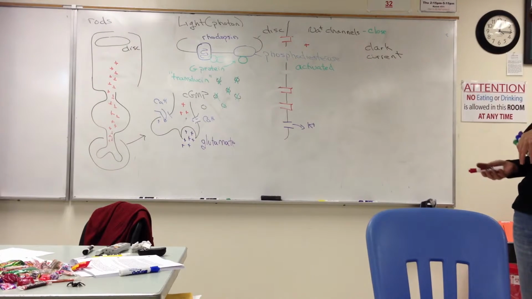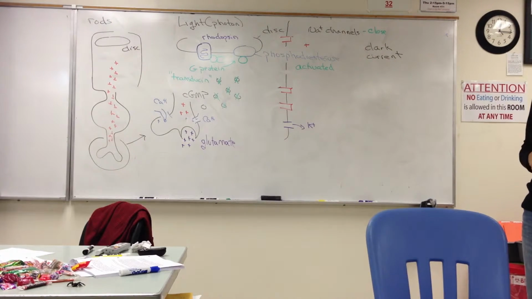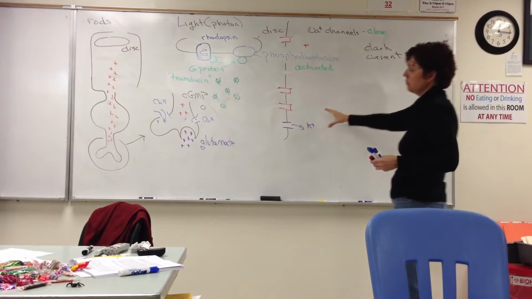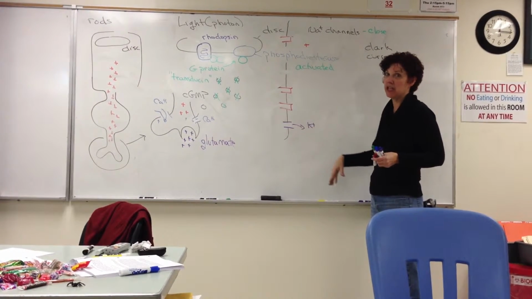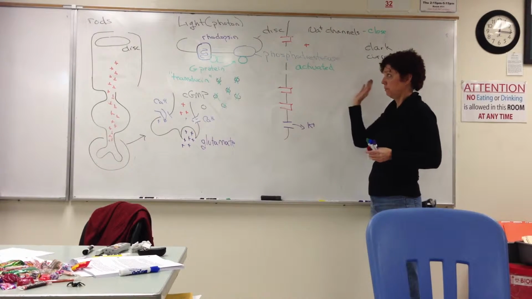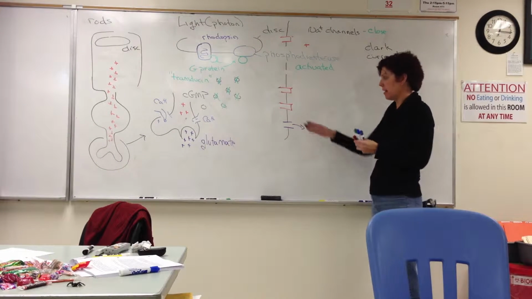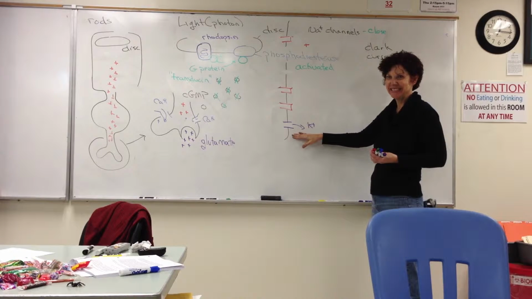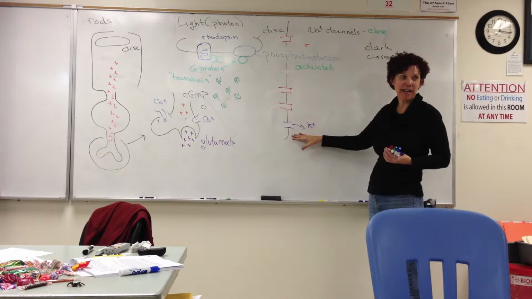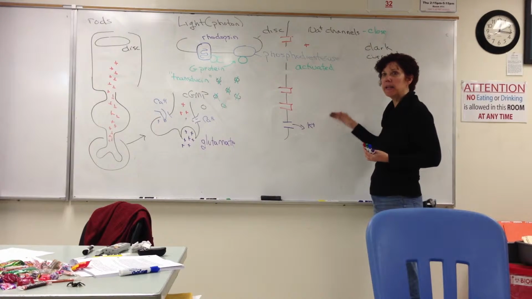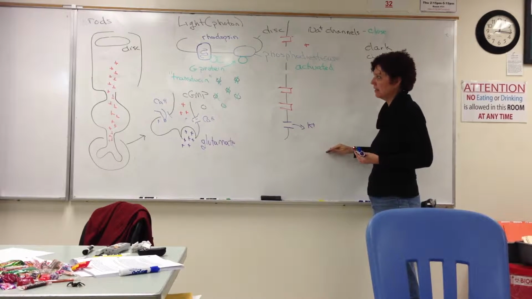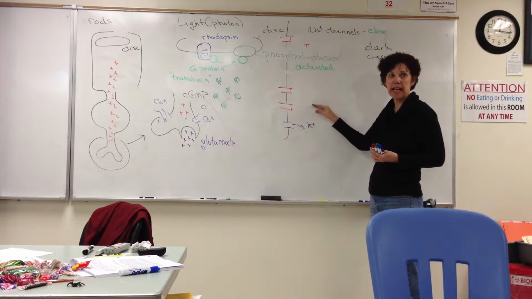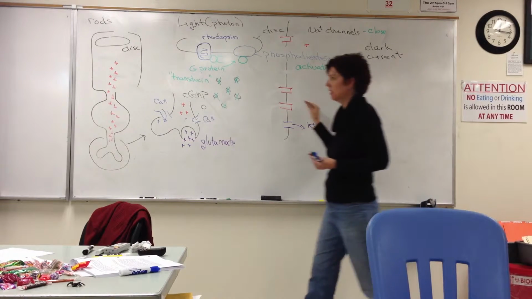Is it going to become more positive or more negative? More negative, because our potassium channels are still open. They're not affected by the cyclic GMP. So we're not gaining the positive ions, but we're still losing the positive potassium ions. So the cell becomes more negative. It hyperpolarizes. Our minus 40 goes down to a minus 70.